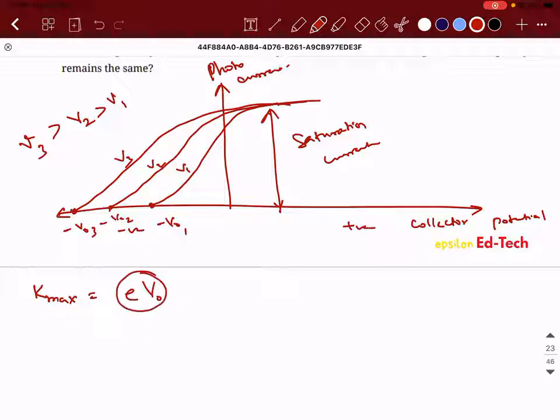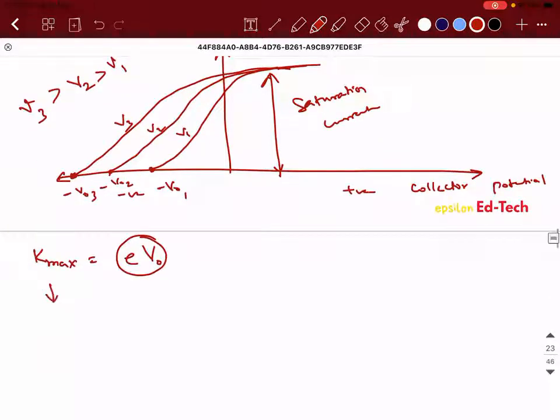So if the kinetic energy has to be greater, then the stopping potential will be greater. Why is it so? Because if the electrons are coming out with greater kinetic energy, then you need to apply more amount of stopping potential to make them come to rest. But they are expecting us to use Einstein's photoelectric equation here. So I can write h nu minus W naught is equal to e into V naught.